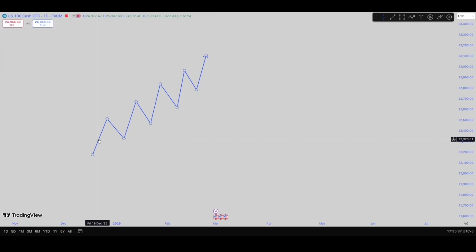We have an expansion leg, retracement leg, expansion leg, retracement leg, and so on. Remember that we focus on the highest swing high of the expansion leg before it gets into a retracement leg, and then the lowest swing low in the retracement leg before we get back into an expansion leg. The process repeats.